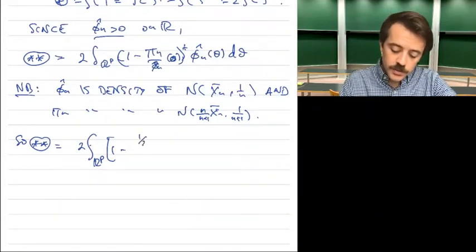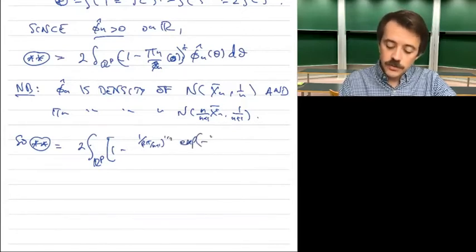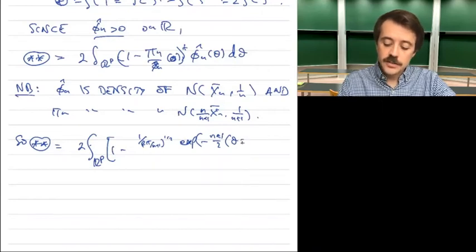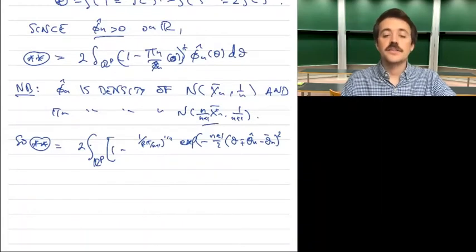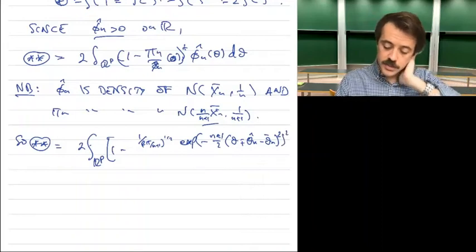So 1 over 2 pi divided by n+1, and this is, of course, 1/2 only, and then we have the exponential of n+1 halves, and we can add and subtract a theta n hat, and of course we get this here, because that was the mean, as in the posterior mean. Okay, so we get this.